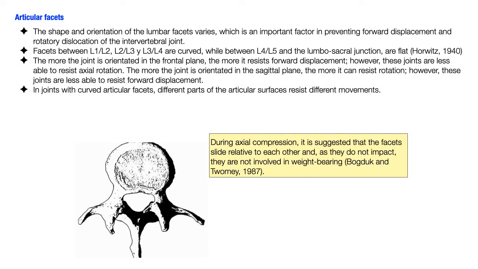As you see in the image, the lumbar zygapophyseal articular facets are oriented in the sagittal plane, so they allow for flexion and extension, but they limit rotation a lot.